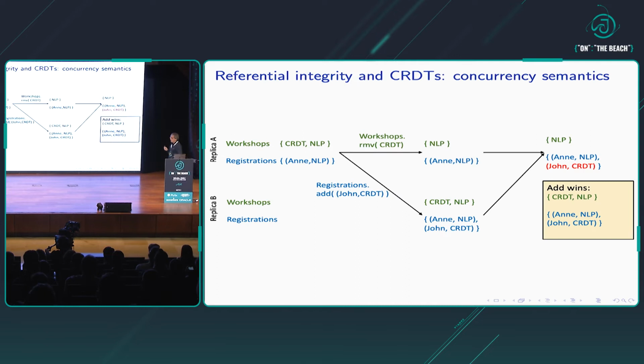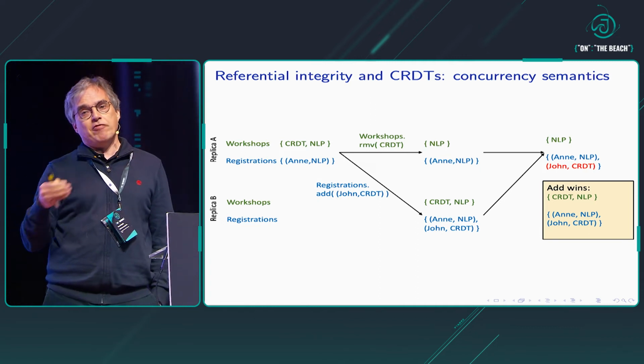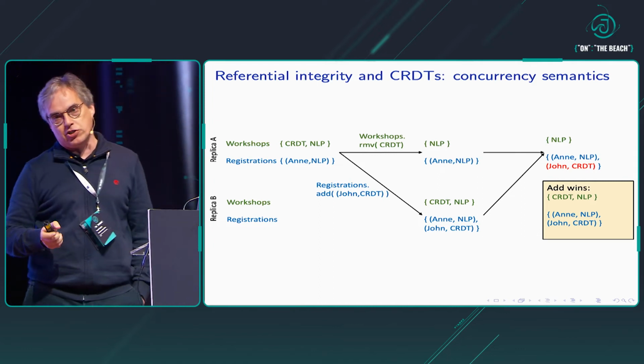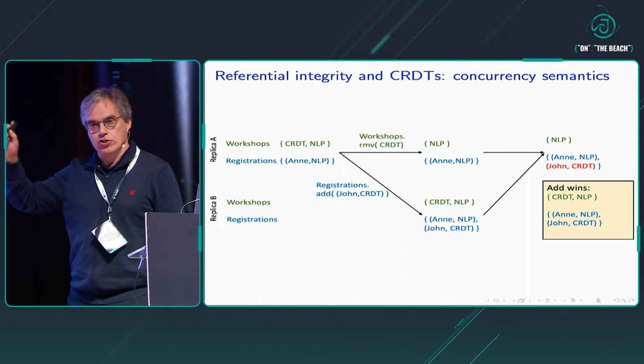What would that mean in this case? If I have an add wins policy, that means that I want to keep John's registration, but to keep John's registration and keep referential integrity, I have to kind of revive the CRDT workshop. This would be the add wins policy for solving this problem.